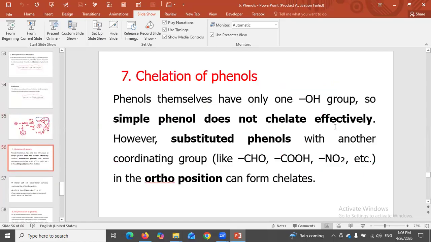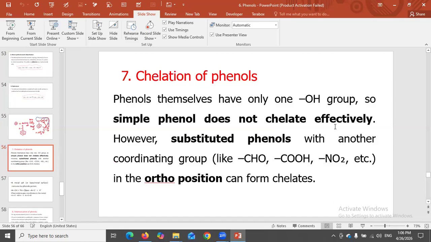Chelation of compounds. Phenols themselves have only one hydroxyl group, so simple phenols do not chelate effectively.